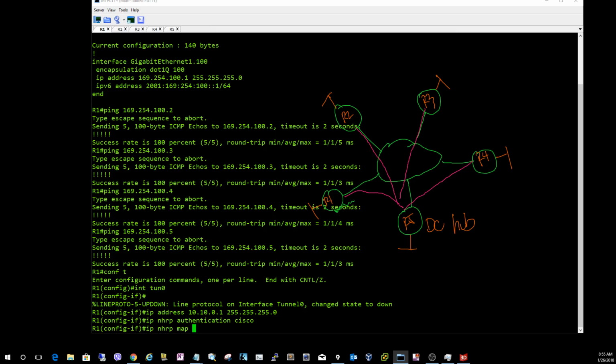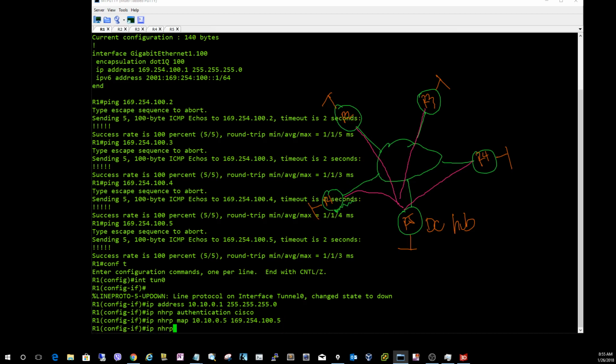So I'm on router 1. If you look at our diagram here, we're going to do the mapping between the overlay, which is the tunnel private IP, over the underlay, which is the internet. So in this case, it's going to be 10.10.0.5, and we're going to map that to its public IP of 169.254.100.5.